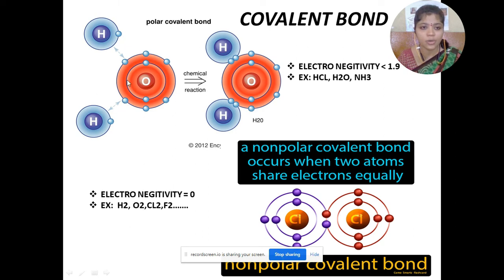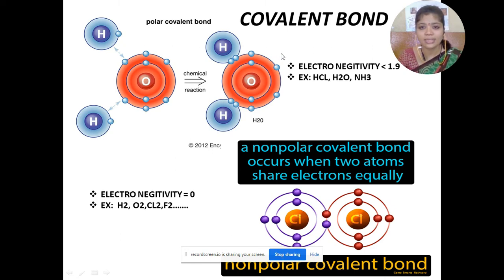This is the lone pair of electrons. This is an unpaired electron and this one is an unpaired electron. These unpaired electrons are mutually shared with the hydrogen atom. So, unequal sharing of electrons between the two atoms forms a polar covalent bond.